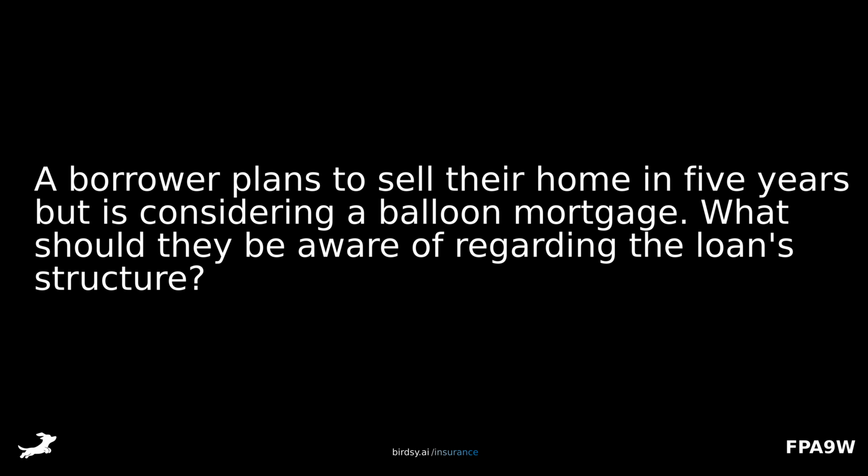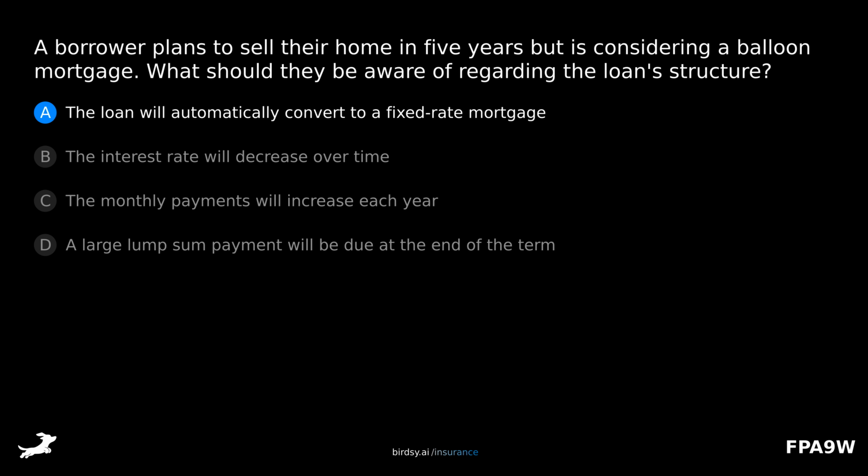A borrower plans to sell their home in 5 years but is considering a balloon mortgage. What should they be aware of regarding the loan structure? Is it A, the loan will automatically convert to a fixed-rate mortgage, B, the interest rate will decrease over time, C, the monthly payments will increase each year, or D, a large lump sum payment will be due at the end of the term?